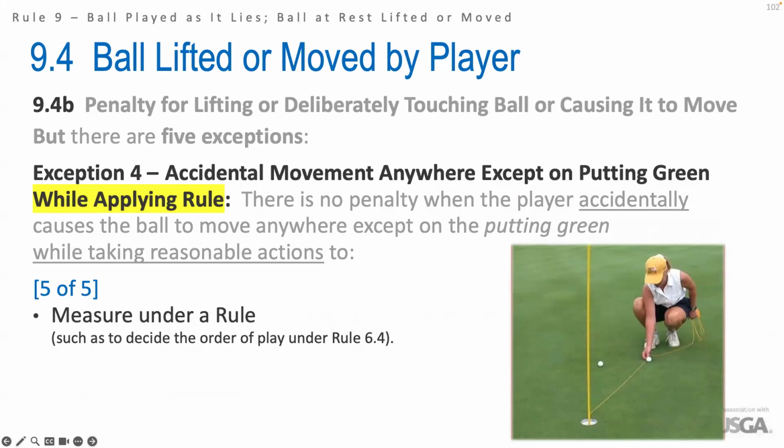So maybe if you're trying to decide order of play in match play, trying to see who's away, and you're measuring under this rule, accidental movement is okay. It looks like they are on the putting green, so I guess it would be if you're out in the fairway and trying to measure for some reason. That's okay.